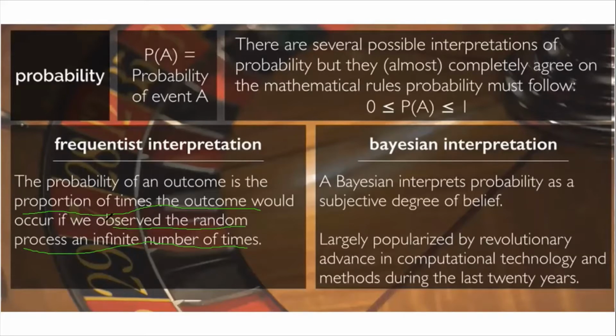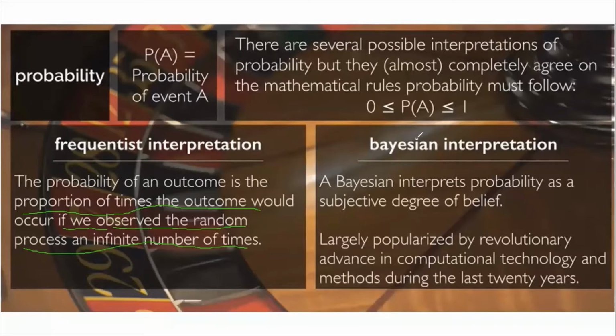That is the same as this phrase: if we observe the random process an infinite number of times, we will see that the proportion of getting a head is approximately equal to 0.5, or 50%, whether we do it 1,000 times or an infinite number of times. That is the probability from a frequentist approach.